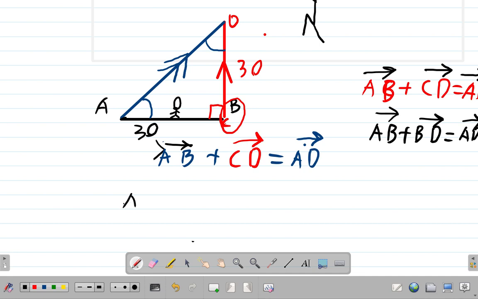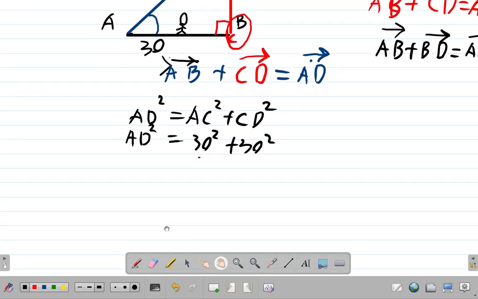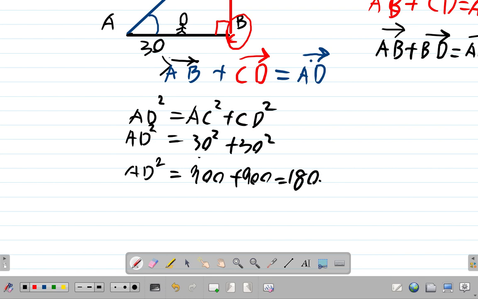Using Pythagoras, AD squared is equal to AC squared plus CD squared. So AD squared, whatever it is, equal to 30 squared plus 30 squared. So AD squared is equal to 900 plus 900, which is 1800.